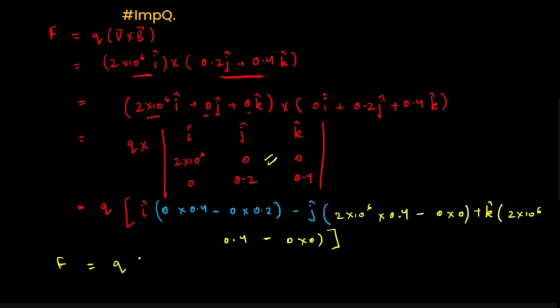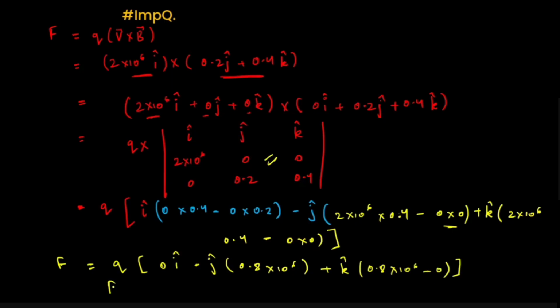So it will be 0 i cap minus j cap, and the product would be 0.8 times 10 to the power 6. It will be 0 plus k times 2 times 0.4, which is 0.8 times 10 to the power 6, minus 0.